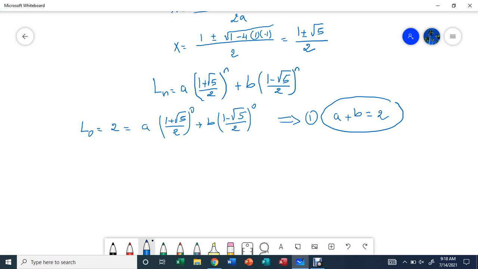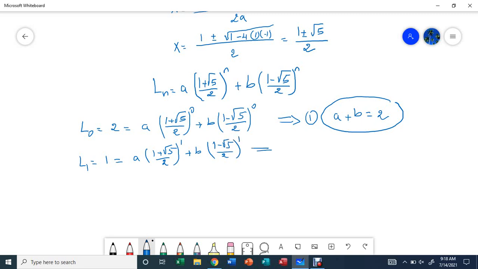And the second initial condition, L_1 equals 1. That means a times (1 plus square root of 5 over 2) to the first power, plus b times (1 minus square root of 5 over 2) to the first power.